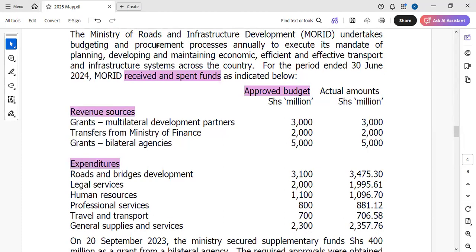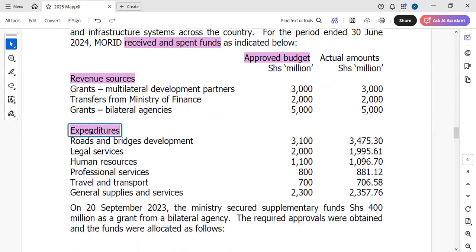Under the revenue sources, we have the grants from multilateral development partners, transfers from Ministry of Finance. If it is a transfer from another entity to our entity, that is part of our revenue. If it is us transferring, that becomes part of the expenditure.